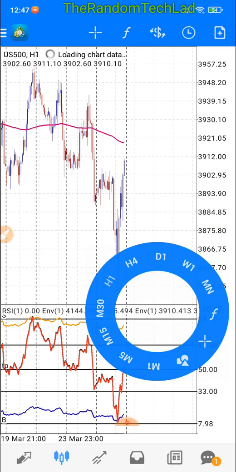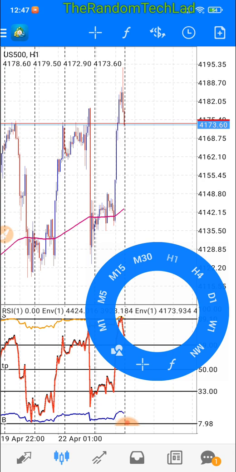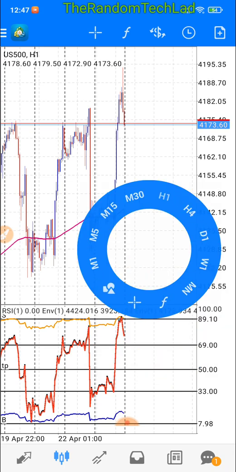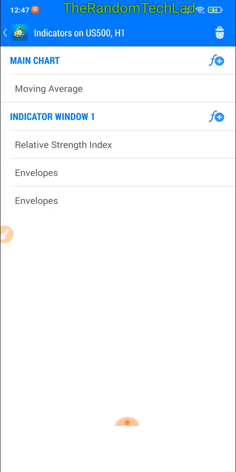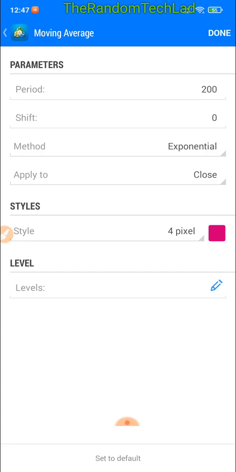Yep. So to add an indicator, you press on your chart and it will bring up a wheel to select an option, or you can press on the F on the top bar of your chart. So press on the F, and the first indicator we will be adding is the moving average. As you can see, on the moving average we've got these settings.